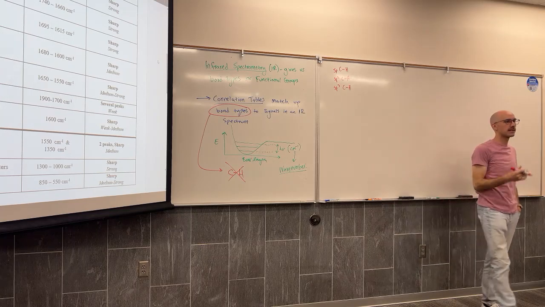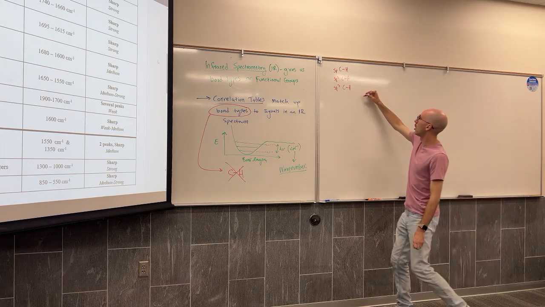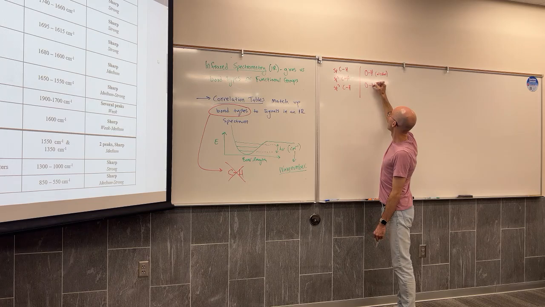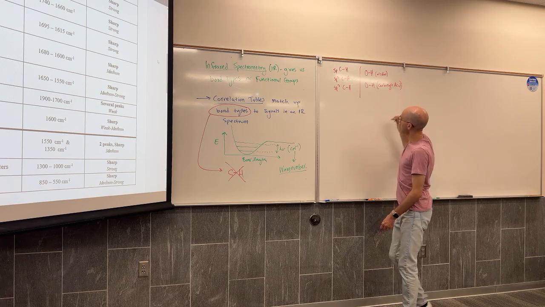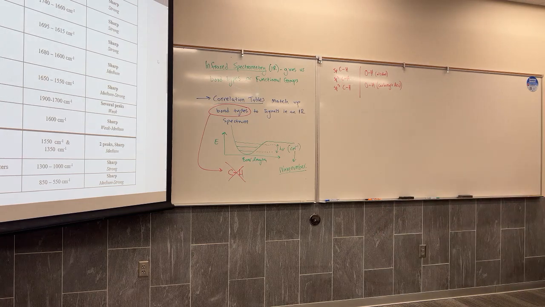That is the bond type that we'll need to analyze. We're not just looking at OH, but we're looking at the OH of an alcohol or the OH of a carboxylic acid. Those are the bond types that we're looking for because they are different from each other.